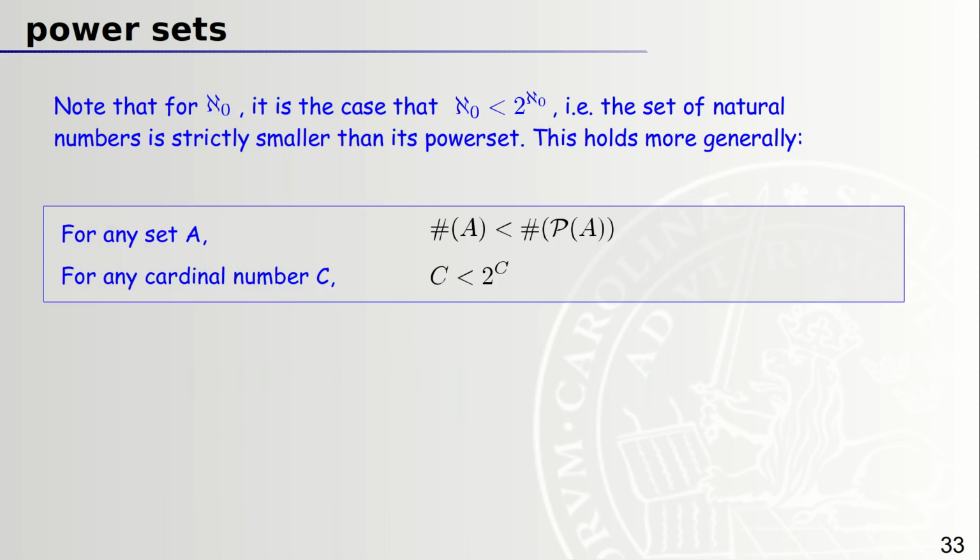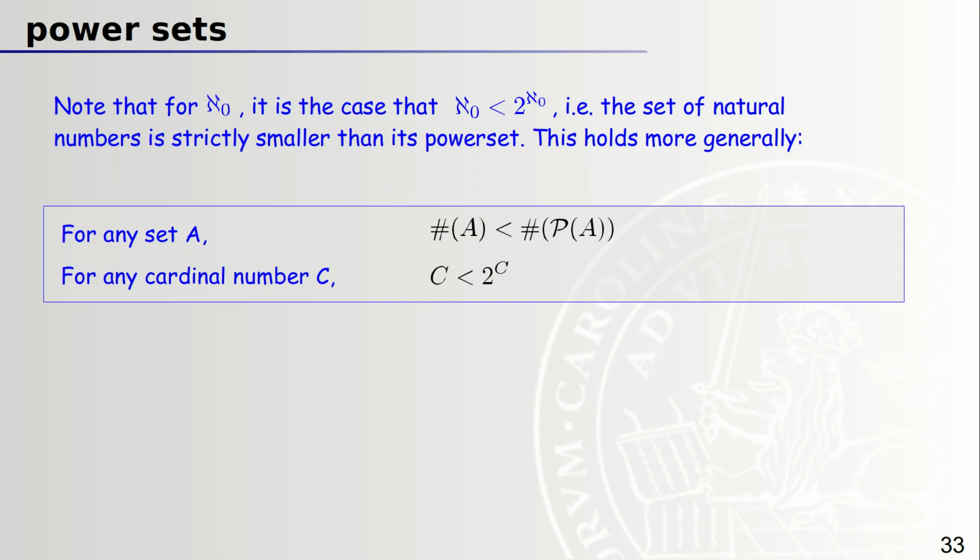In fact, what we demonstrated was that for a countable set, the cardinality Aleph 0 of that set was strictly smaller than the cardinality 2 to the Aleph 0 of the set of functions from that set to the set 0, 1, which is also the cardinality of its power set. It turns out that this is true in general, for all sets of all cardinalities, big or small, finite or infinite.